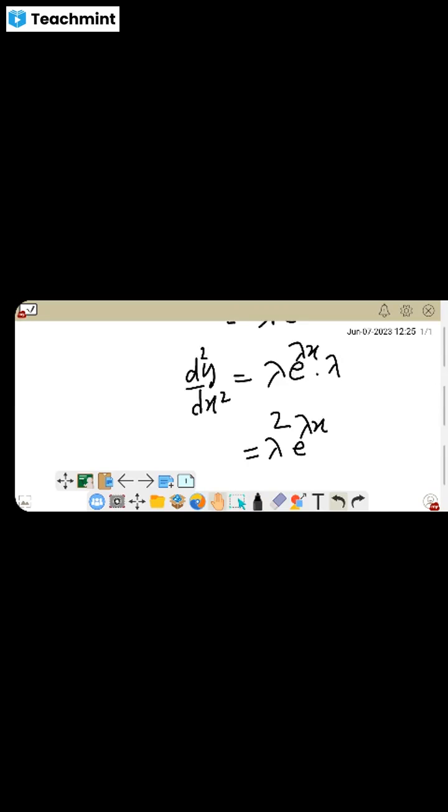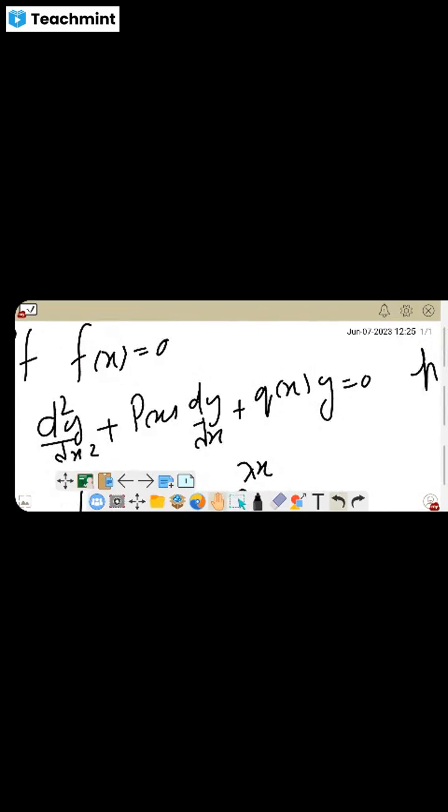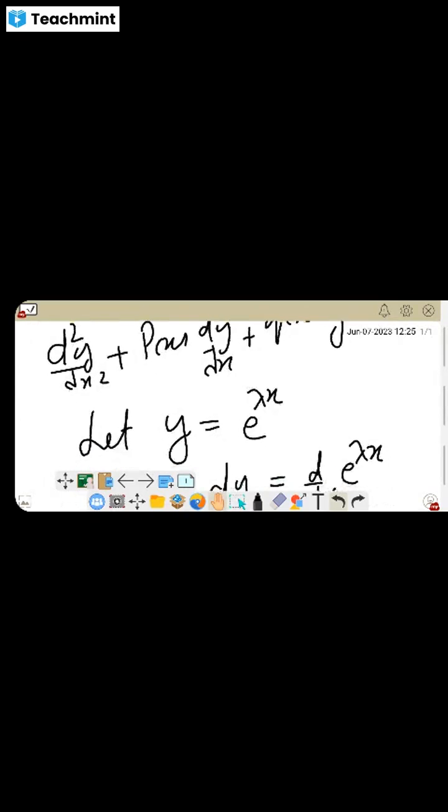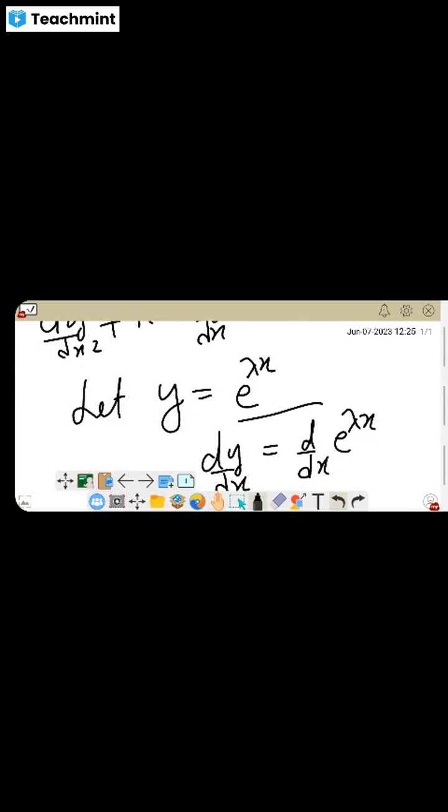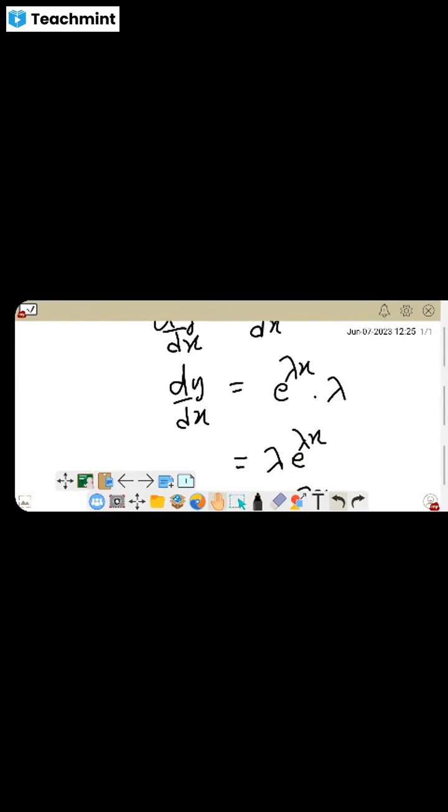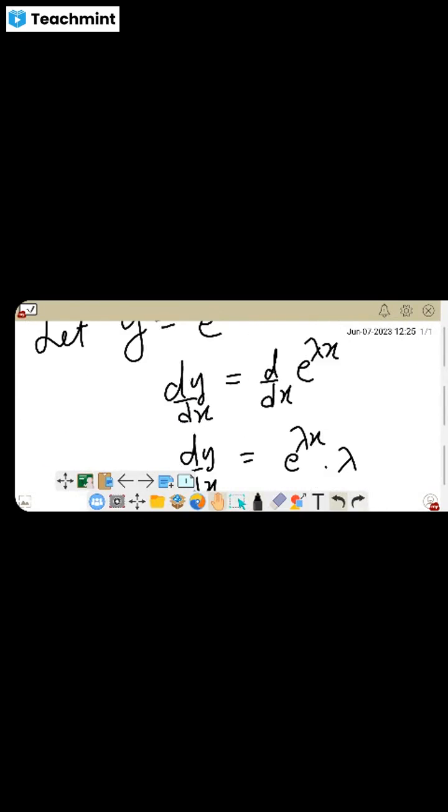And these are the steps. We have this form of the equation. Then we'll use these values, both derivatives, because we have only second order.